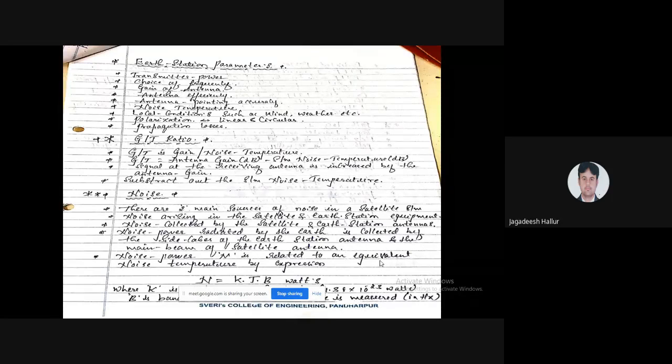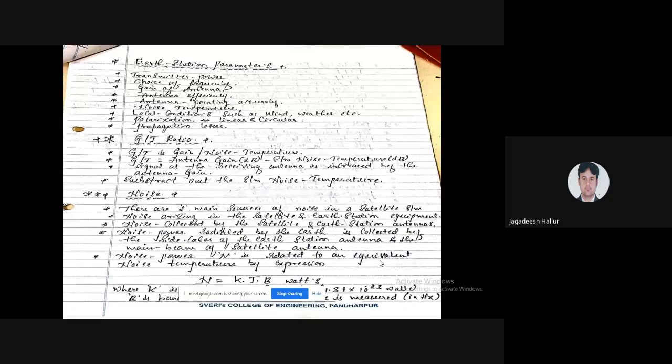The satellites are based on low Earth orbit, medium Earth orbit and high Earth orbit. Based on that, they are going to choose a particular frequency band. And the gain of antenna, how much gain the antenna is going to provide.